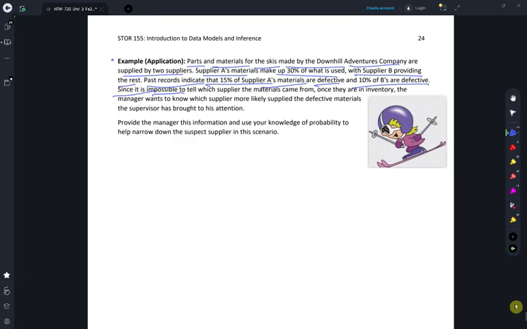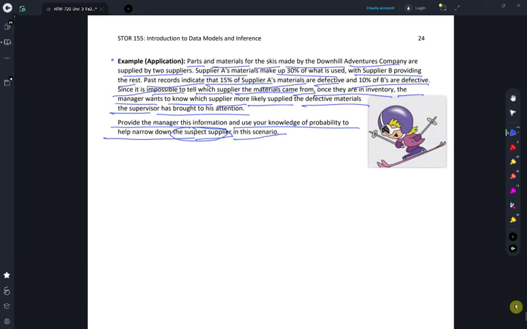Since it is impossible to tell which supplier the materials came from once they are in inventory, the manager wants to know which supplier most likely supplied the defective materials the supervisor has brought to his attention. Use your knowledge of probability to help narrow down the suspect supplier. So, this is trying to make a decision in the face of uncertainty.